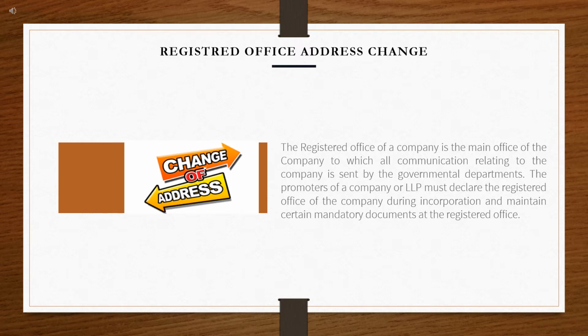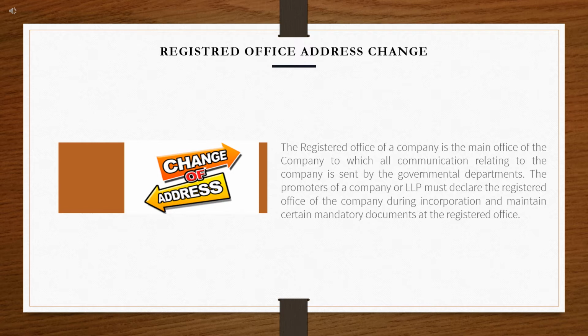Modes of change in registered office of a company. A change in the situation of the registered office may be required from time to time in any of the following manners. A. Change from one place to another within the limits of the same city, town or village.